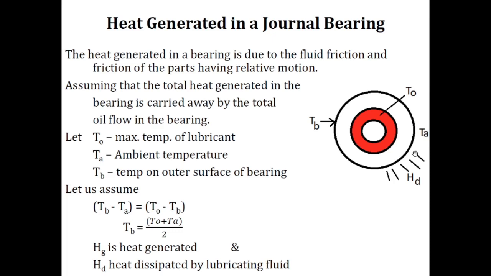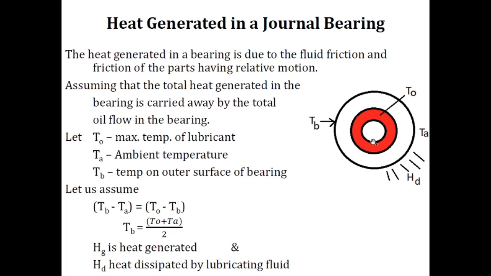So if you try to understand this figure, this is the journal diameter and this is the bearing diameter, this is the bearing, and between the journal and the bearing is the lubricating oil or lubricating fluid. The temperature of the lubricating fluid is given by T0. The temperature at the outer periphery of the bearing is given by Tb, and Ta is the atmospheric temperature.